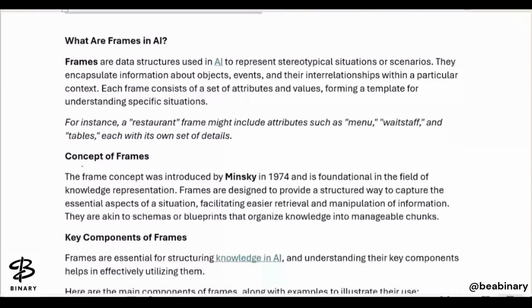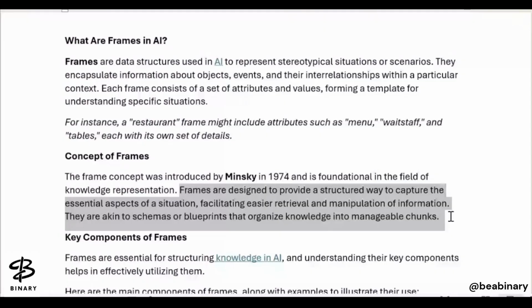So what is the concept of frames? The concept was introduced by Minsky in 1974, and it is the foundation in the field of knowledge representation. Frames are designed to provide a structured way to capture the essential aspects of a situation, facilitating easier retrieval and manipulation of information. The detail is not there, only the essential properties.